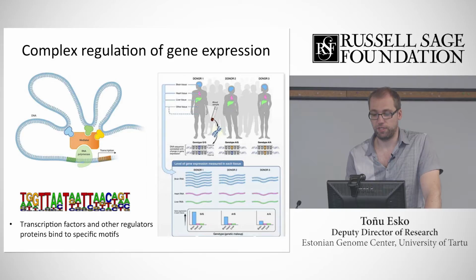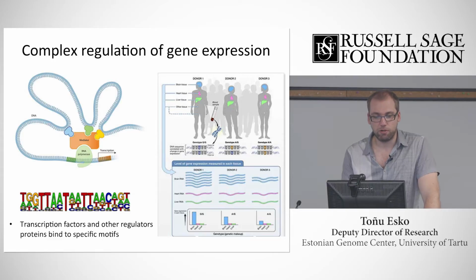And then if we also have genotypes available for those individuals, we can see if there are any genetic variants that are associated with the abundance of the gene expression. And there indeed you see, donor 1 has the GG genotype, and that's why the gene expression is very high, whereas donor 3 has the AA genotype and the gene expression is very low.